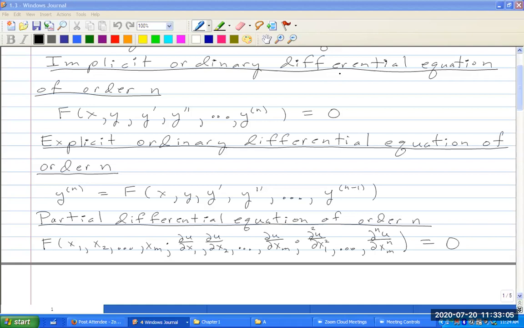In general, partial differential equations are so difficult that it's hard enough solving explicit linear partial differential equations. That's just about as far as most people have gotten.